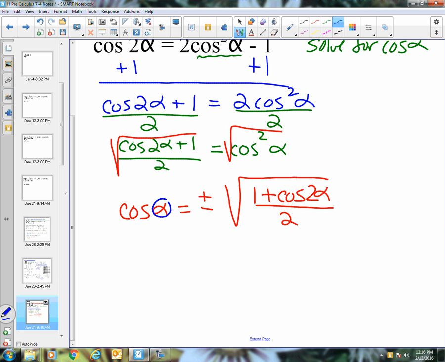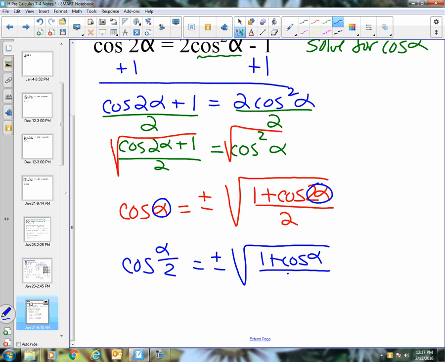I want you to focus your attention on these two angles again. The angle on the left is the one that's half as big, alpha, as 2 alpha, and it's totally fine to leave the formula this way. It doesn't look so much like a half angle formula though, so see if you can tell what they did to make it look more like one.